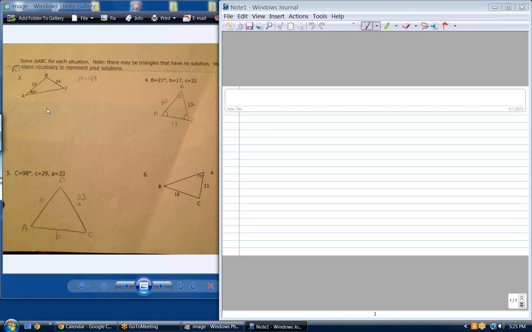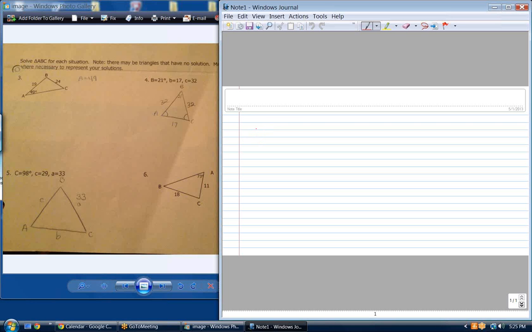Whenever you have angle side side and this angle is less than 90 degrees, you have the possibility of having an ambiguous answer, meaning there's potentially two triangles that could work. So let me show you how you can determine whether you have that second triangle or not.